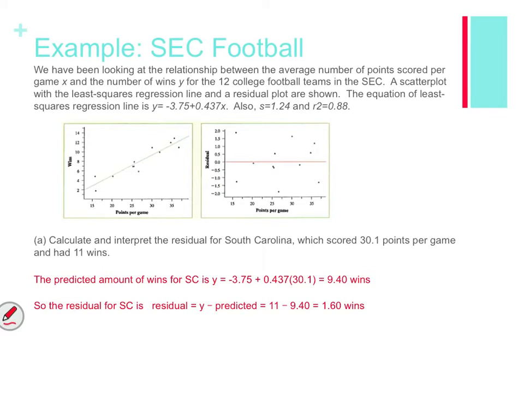The predicted amount of wins for South Carolina, y hat, is as follows. It's going to give you 9.4 wins. I used my equation up here. From that, I know that my actual was 11.